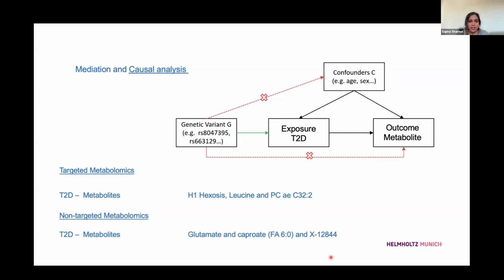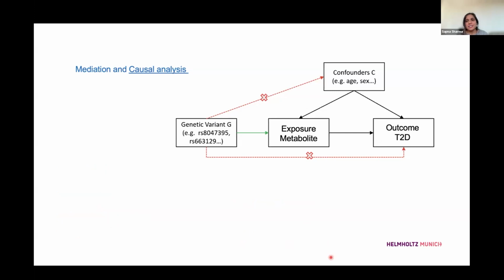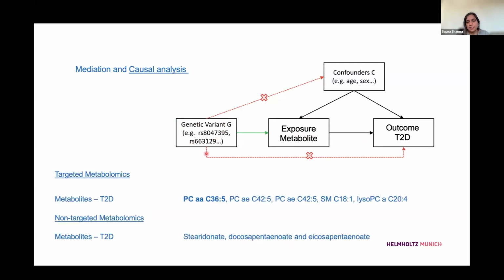What we would like to know is if change in metabolite is causing change in diabetes, because that's where the biomarker stands. Again, the same procedure applied as before, but now my exposure is metabolites and outcome is diabetes. And of course, all the genetic variants that are of interest, I considered those as instruments. And here you can see from the targeted metabolomics, I found phosphatidylcholines and sphingomyelins and lyso-PCs playing role in the development of type 2 diabetes.